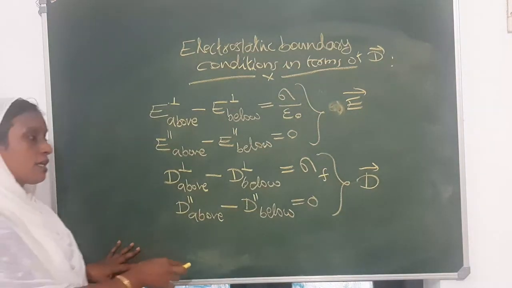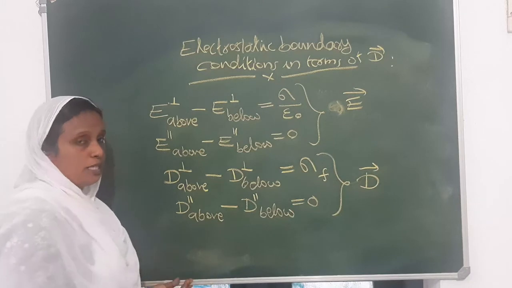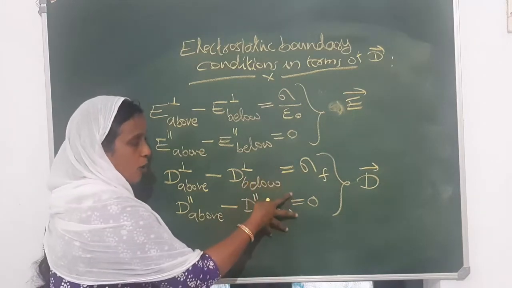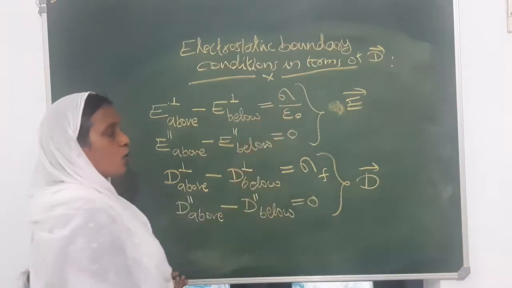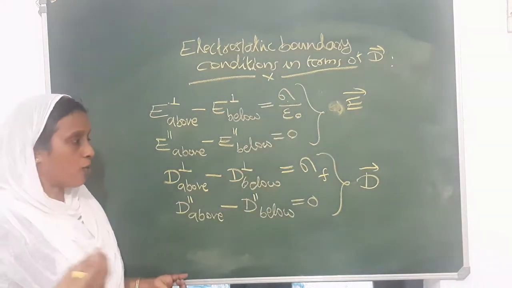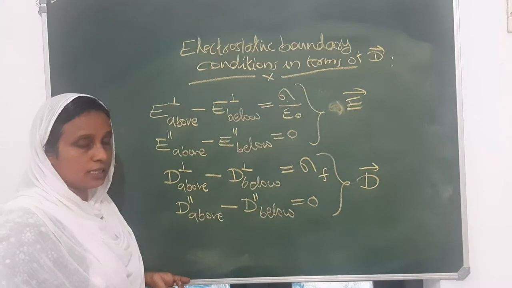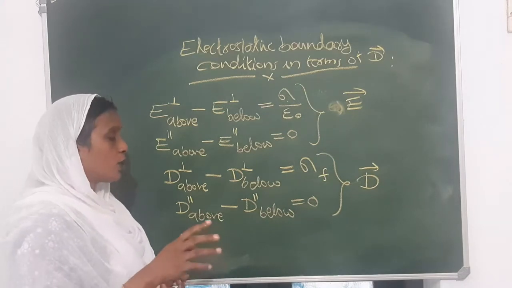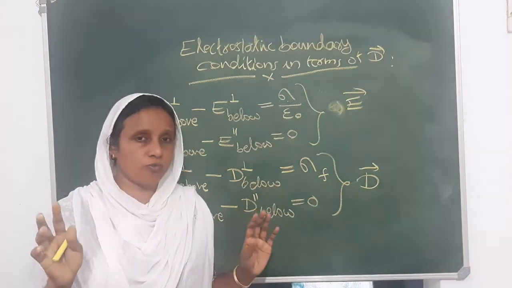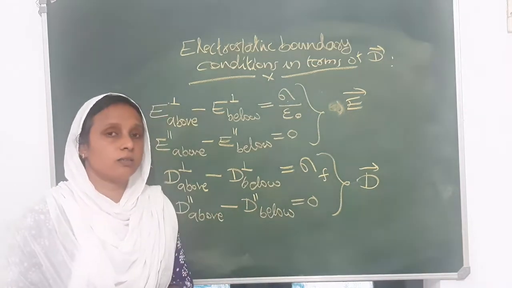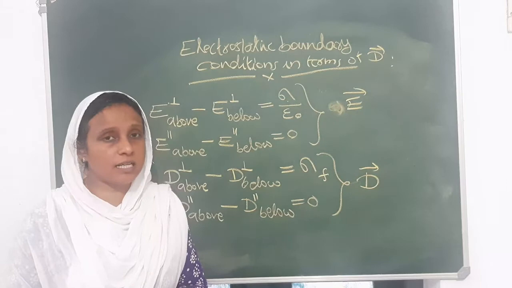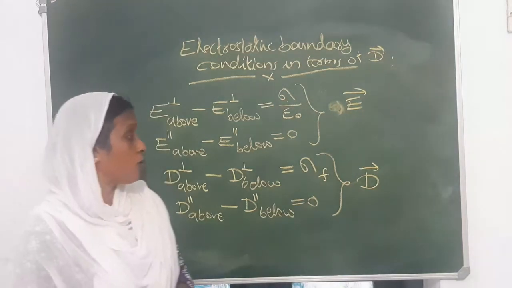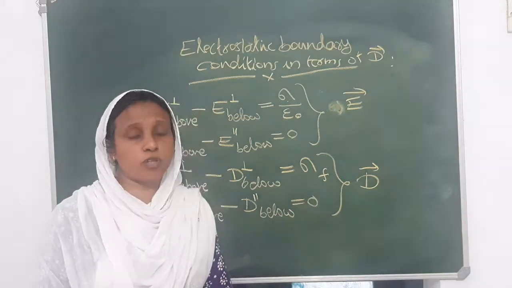In the case of a dielectric medium, we have to apply this boundary condition because the total sigma includes two terms, the bound charge density and the free surface charge density, and we don't know the bound charge density. It is an internal property of the dielectric material, but we know the free charges of the material.